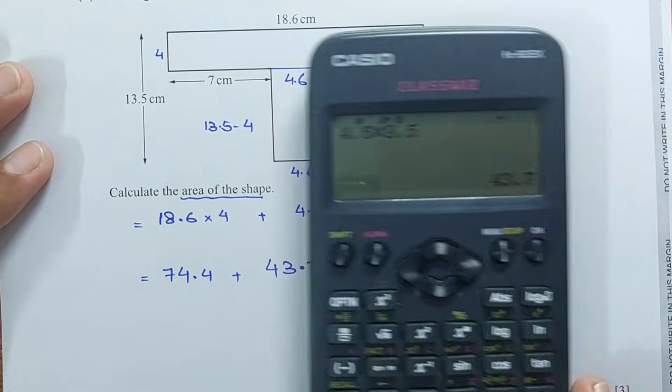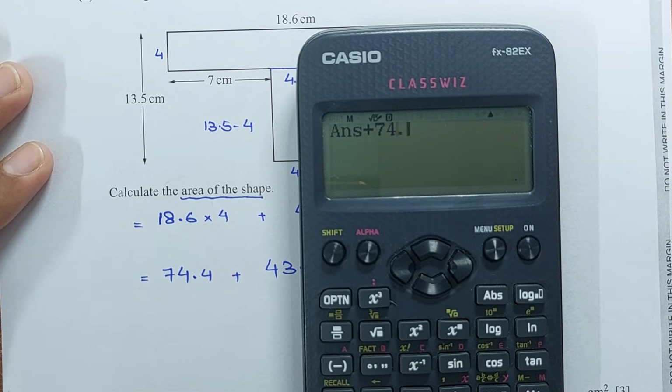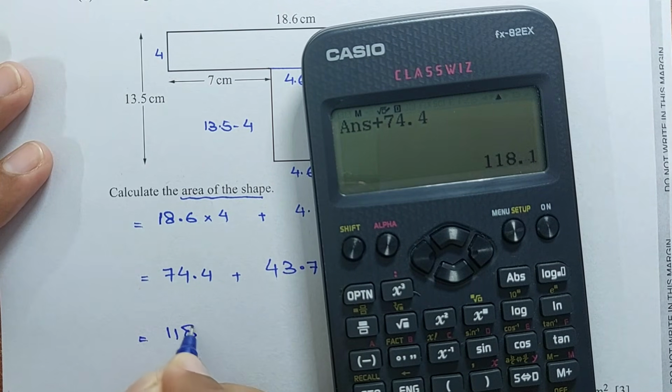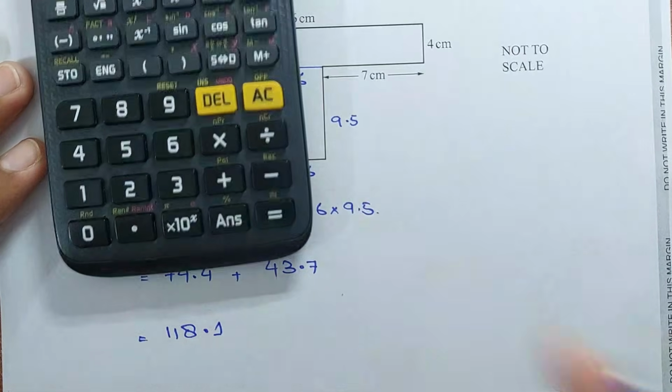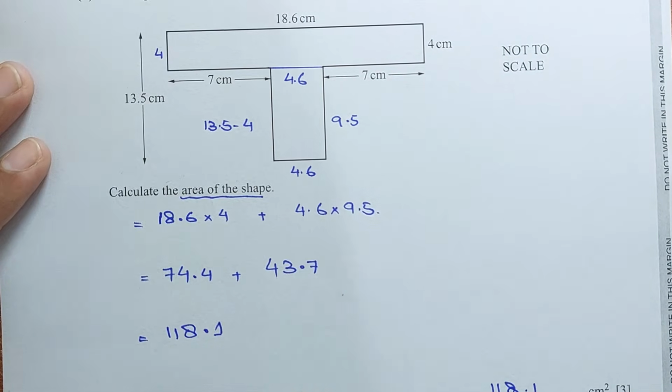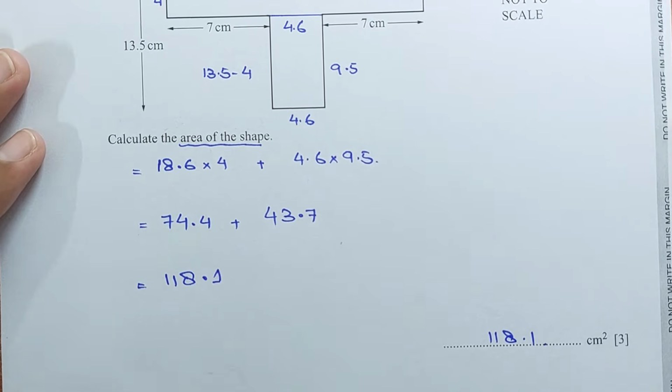Okay, 43.7 add up with 74.4. This becomes 118.1. 118.1 centimeters squared. That is the area of the shape.